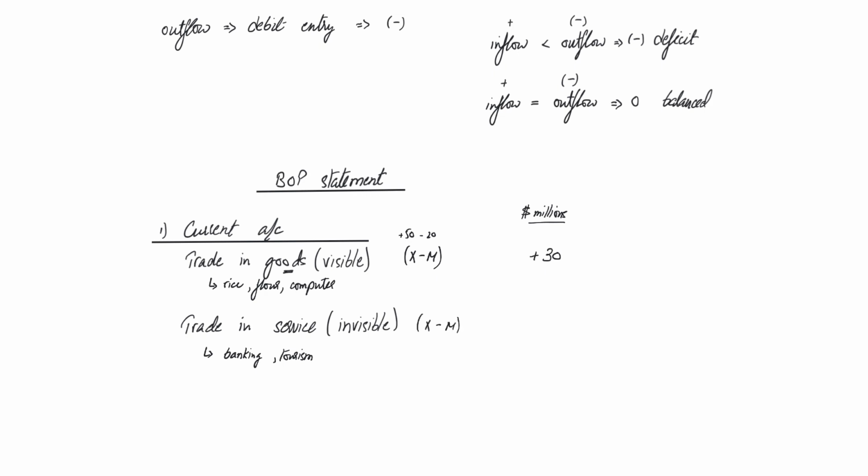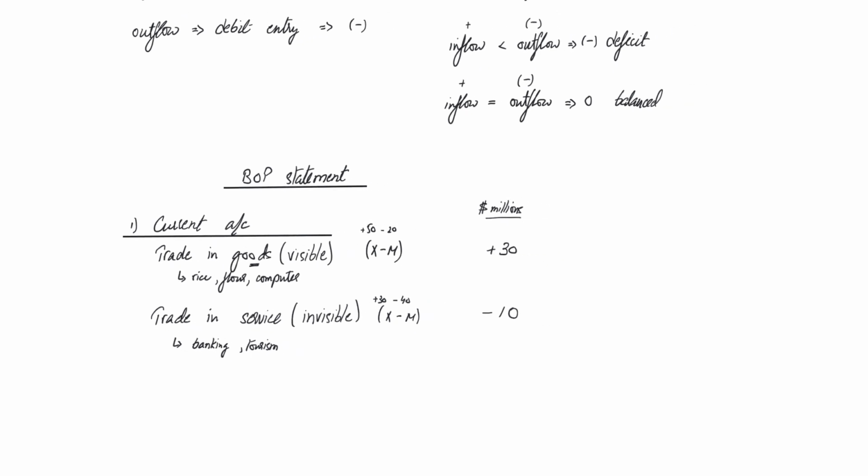So the services we have provided to the foreigners, let's say, is about 30, and services we've rendered from them is about 40. Okay, so this time we're going to get a negative 10 because trade in services is in a deficit, more money is going out.